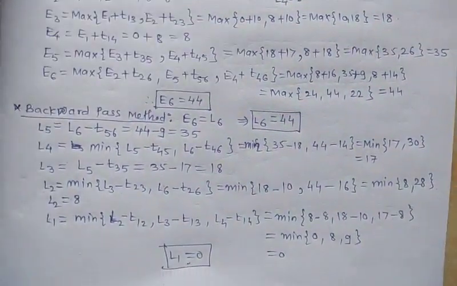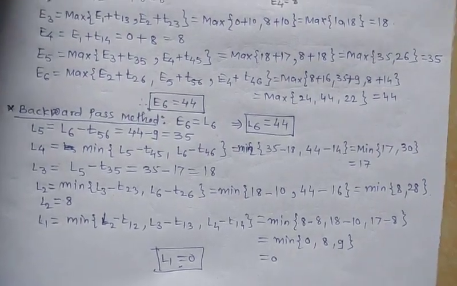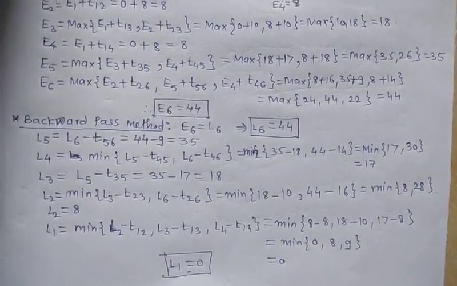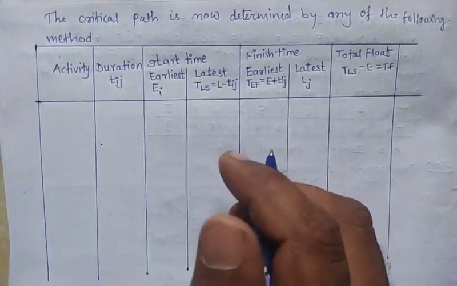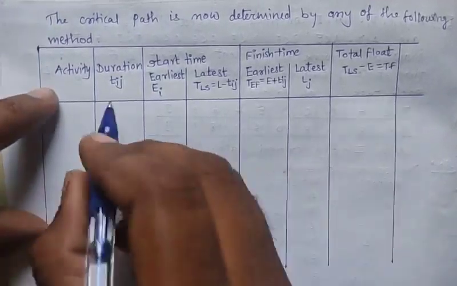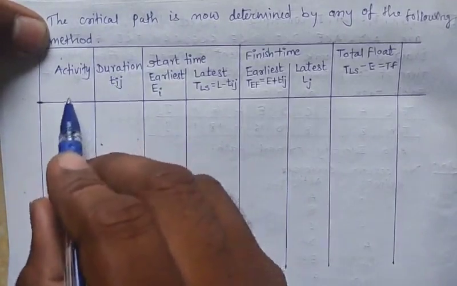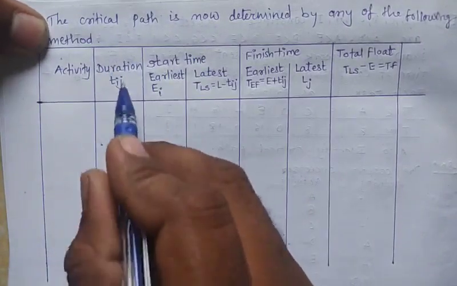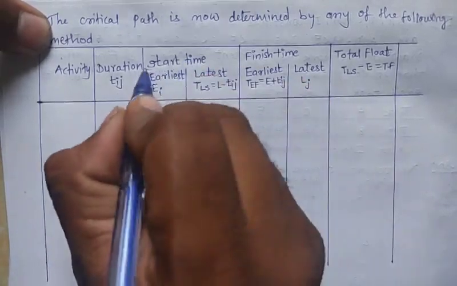Now to determine the critical path. The critical path is determined by any of the following methods. Let's draw the chart. First column is activity. The second column is the duration of the given activity. Next is start time.